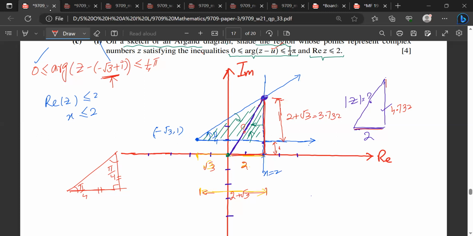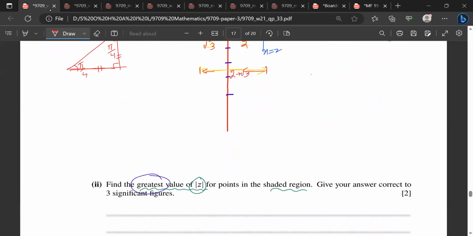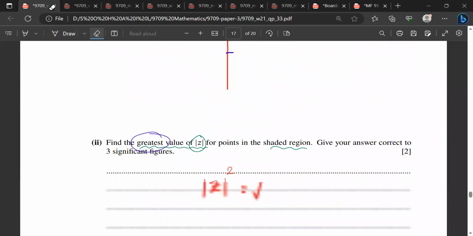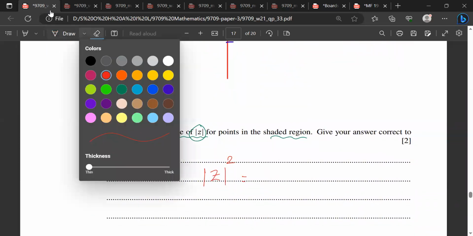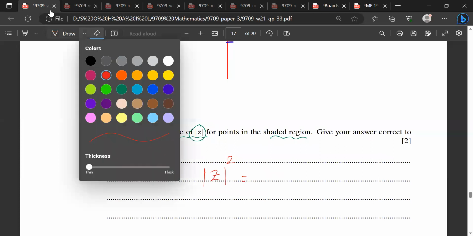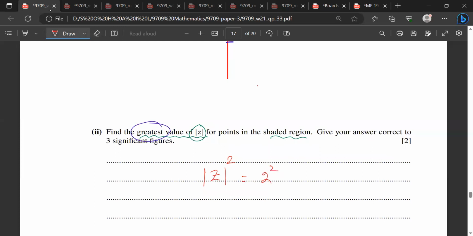So you can find this length by Pythagoras theorem. So z squared is equal to, Pythagoras theorem, 2 squared plus 4.732 squared.